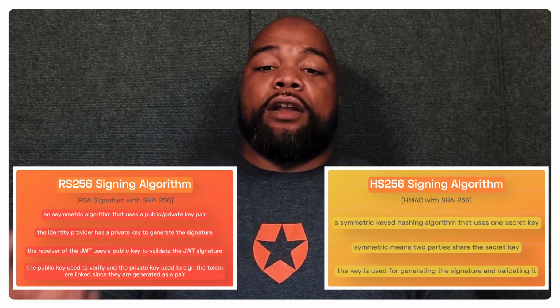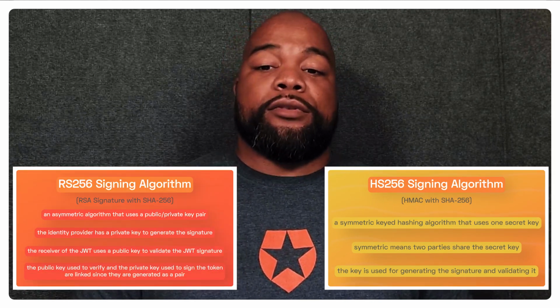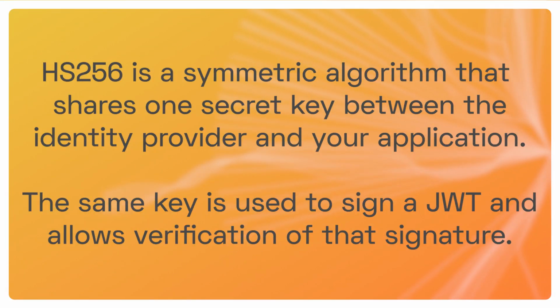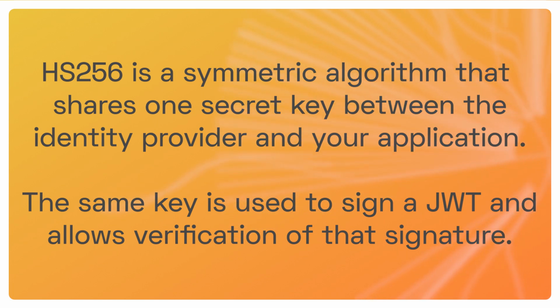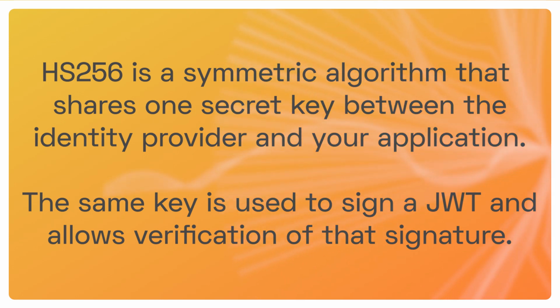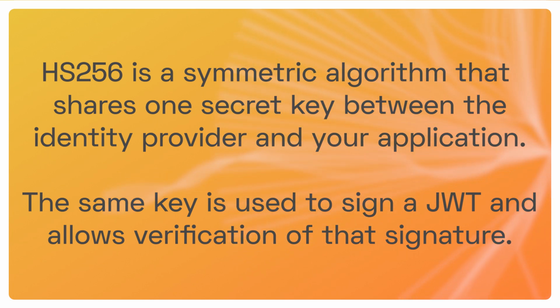So, just to summarize, in this video, you learned the key differences between HS256 and RS256 for JWT signing algorithms. And those differences are as follows. HS256 is a symmetric algorithm that shares one secret key between the identity provider and your application. The same key is used to sign the JWT and allows verification of that signature.